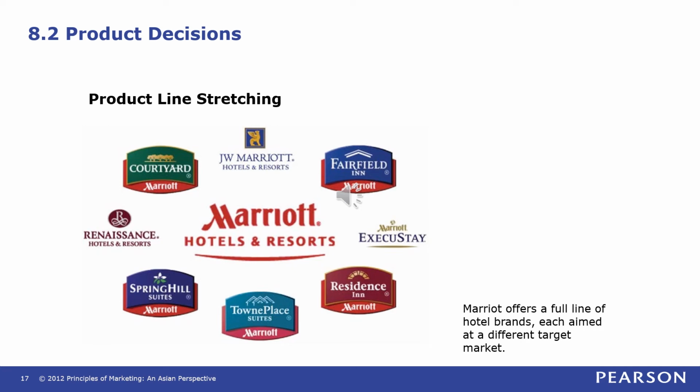So the options the company has are either to stretch downward, or they can also choose to stretch its product line upward. The choice to stretch upward is to add prestige to their current product, or they may be attracted by a faster growth rate or higher margin at the higher end.